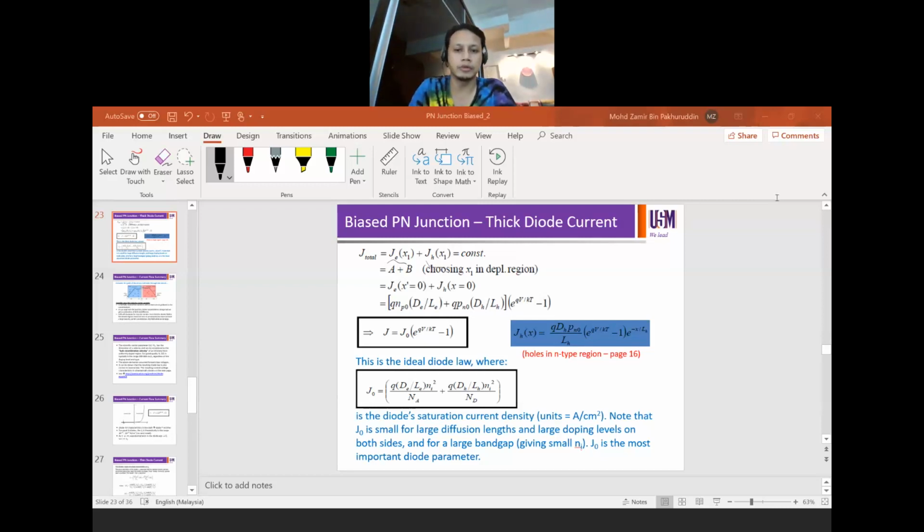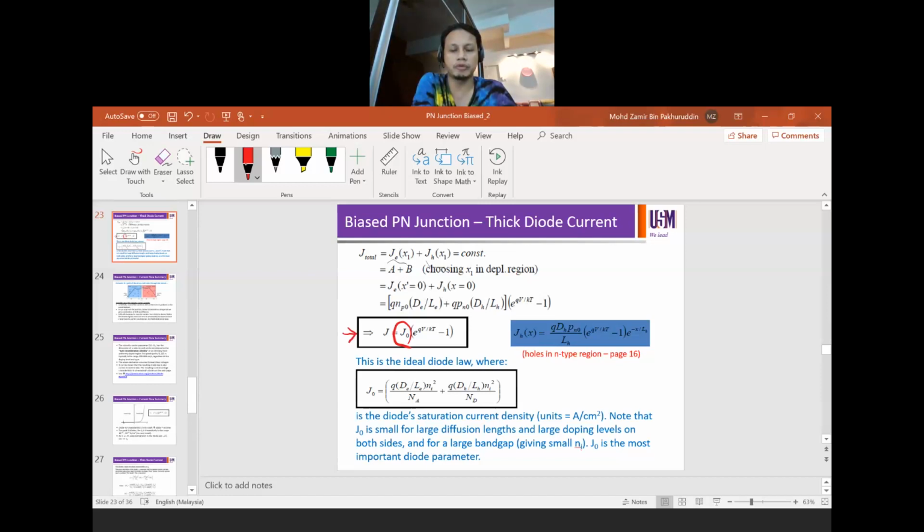Yesterday we discussed that this J naught is the leakage current or saturation current density. We want J naught to be as low as possible to get a high current in your semiconductor device. This is also called the diode equation.